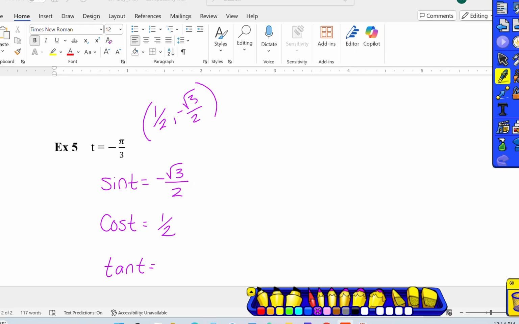Tangent, we divide sine by cosine. So if I divide this fraction by this fraction, the 2's cancel. I'm just left with negative root 3 over 1. So negative root 3.